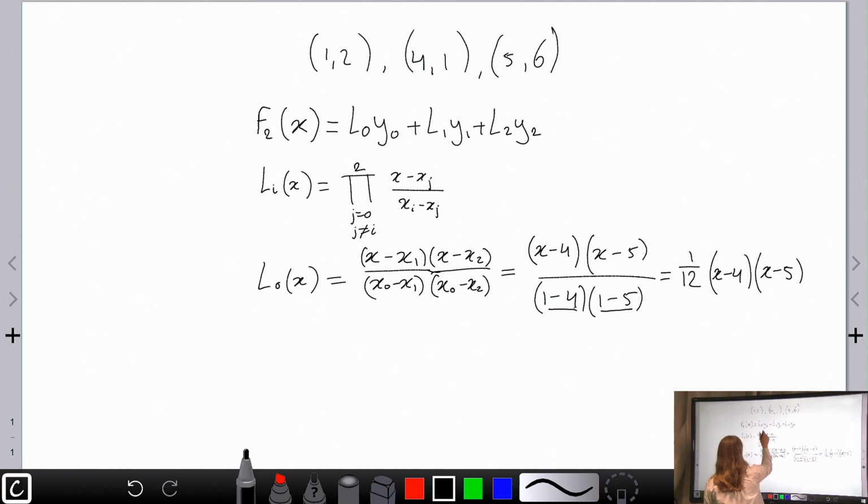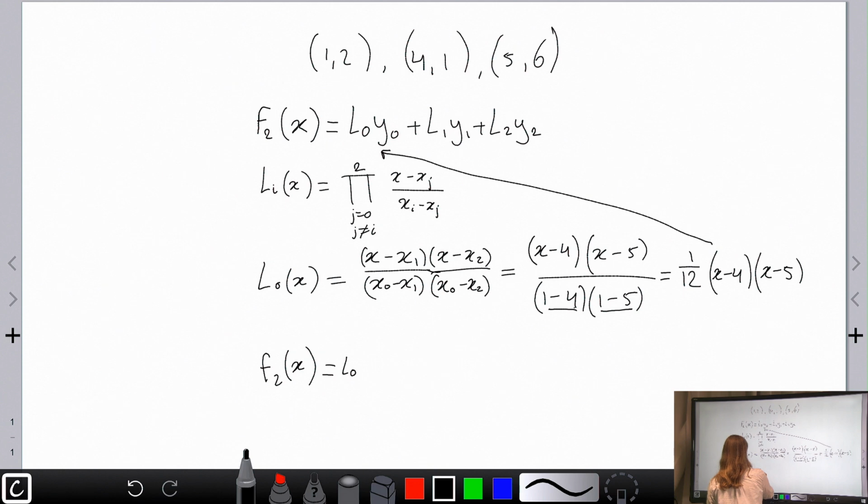And then we can plug this in for this term. So let me write down f2 of x is going to be L naught y naught plus. I will only do the example for this first term because the other 2 terms are similarly calculated.